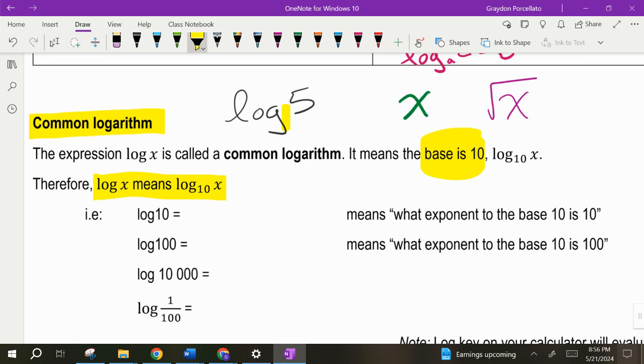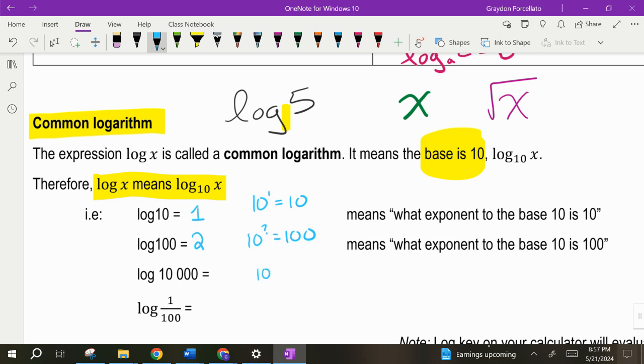So now, if we look at these examples, the first one saying the log of 10 base 10 means what exponent to the base 10 is 10? Or 10 to the power of what is 10? And you can put this into your calculator. Log of 10 is going to give you 1 because 10 to the power of 1 is 10. The next one is 10 to the power of what is 100? Well, we know that 10 to the power of 2 is 100.